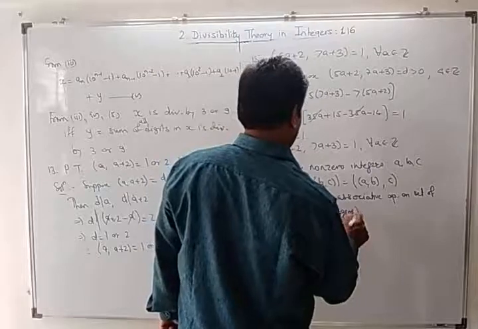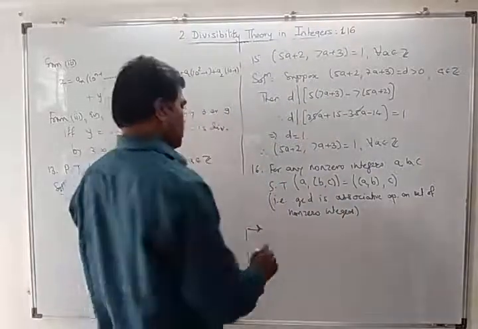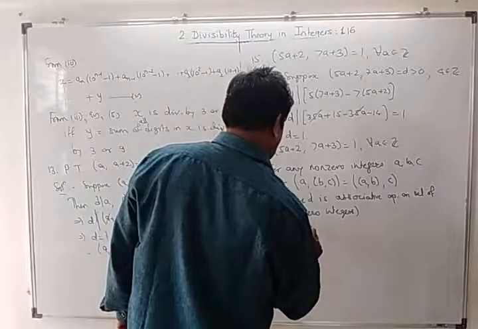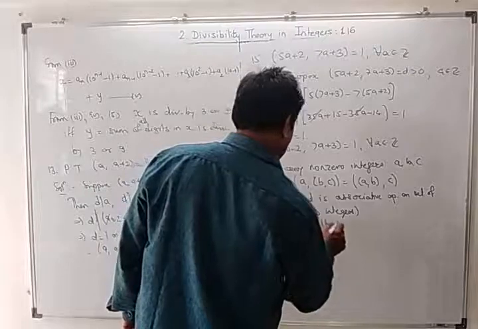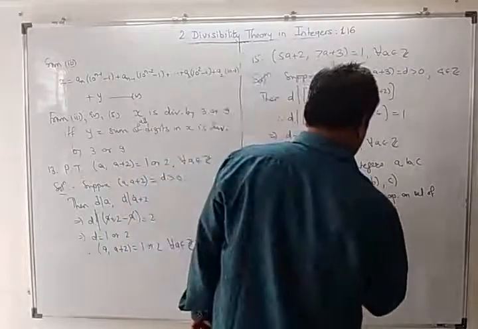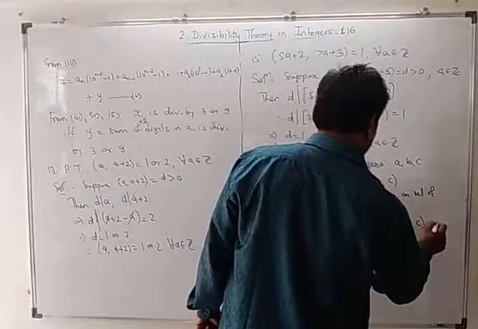So suppose the GCD of a and GCD of b, c is equal to d greater than 0, and the GCD of GCD of a, b and c is equal to g greater than 0.